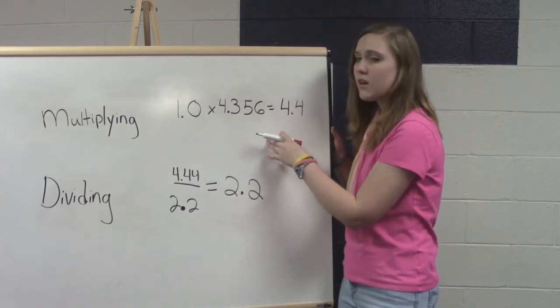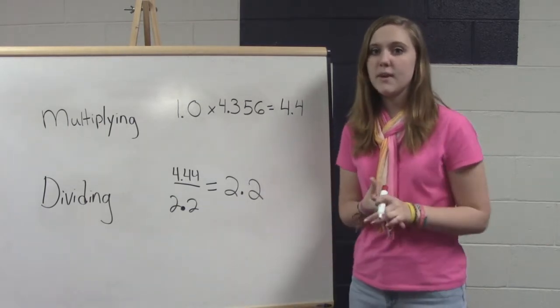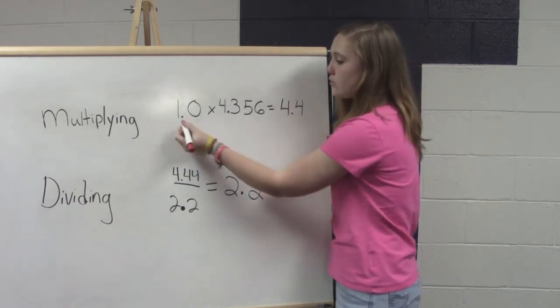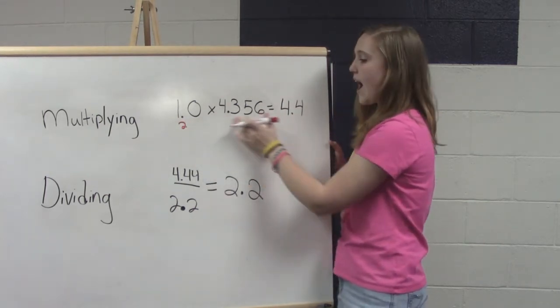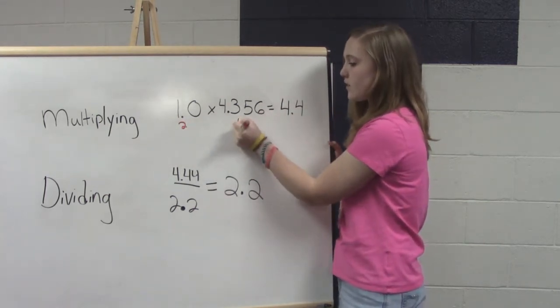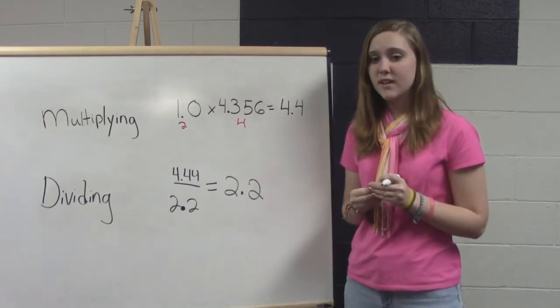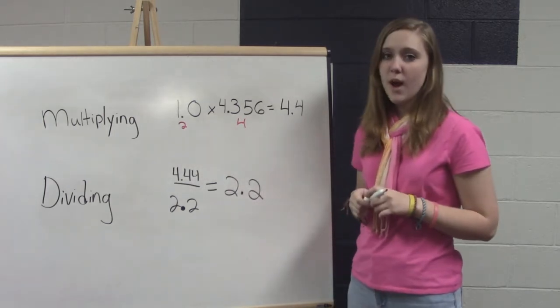So in this problem, if we count the number of sig figs, which we learned how to do in my last video, this number has 2 sig figs. This number has 4 sig figs. So in our answer, we can only have as many sig figs as we have in the lowest number of them in the problem.